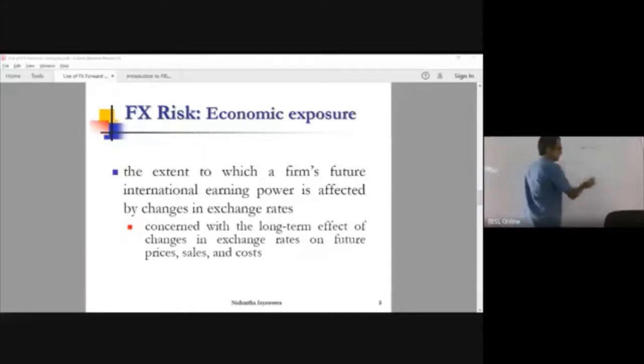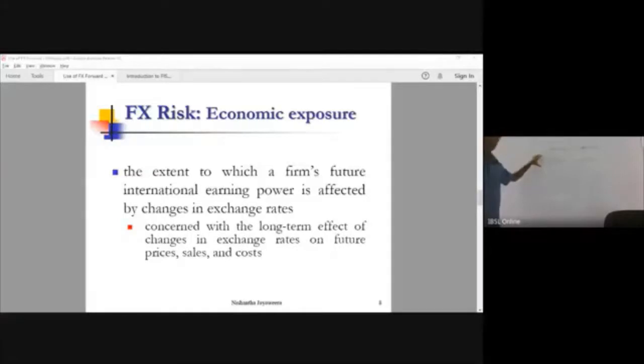So today we are not going to discuss how to manage this economic exposure or the translation exposure. This is basically a business decision on how to manage this, so it's out of our scope.